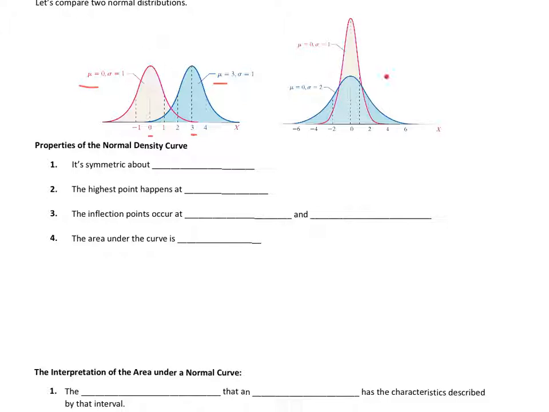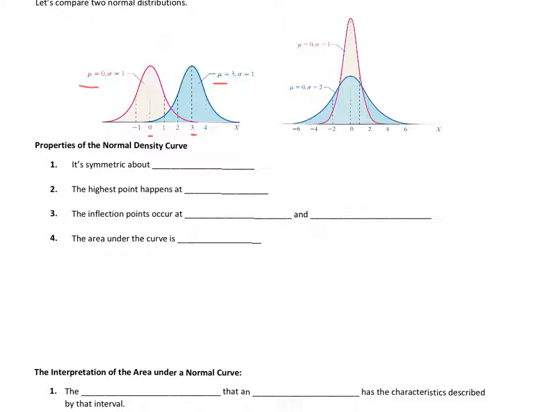And the two curves on the right have the opposite situation. The means are the same, but the standard deviations are different. All right, so remember, sigma of 1 means it's closer together. Standard deviation of 2 means the data is further apart. So more spread out for sigma 2, tighter for sigma equals 1.